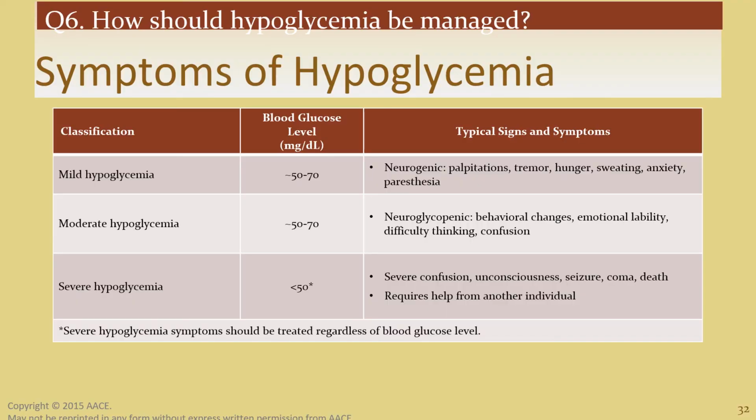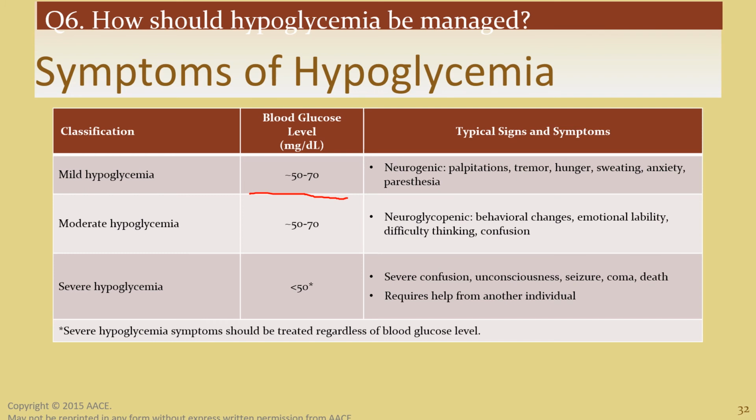So anytime you have a patient, especially on insulin, but even on some of those oral agents, you need to be aware of hypoglycemia. So typically, hypoglycemic symptoms might start when the patient's blood sugar is below 70. Mild symptoms, they may have some palpitations, tremor, hunger, sweaty, anxious.